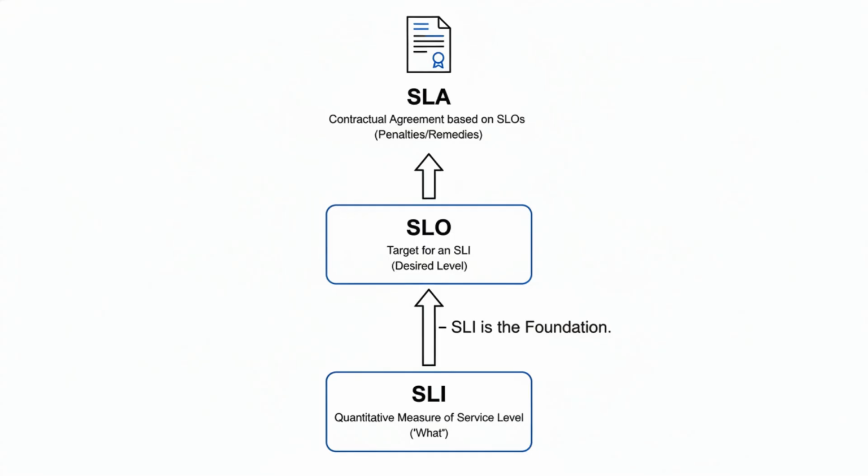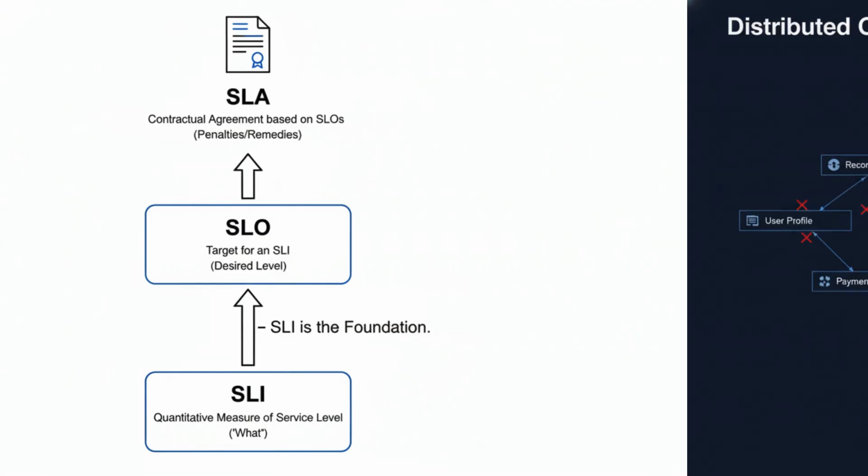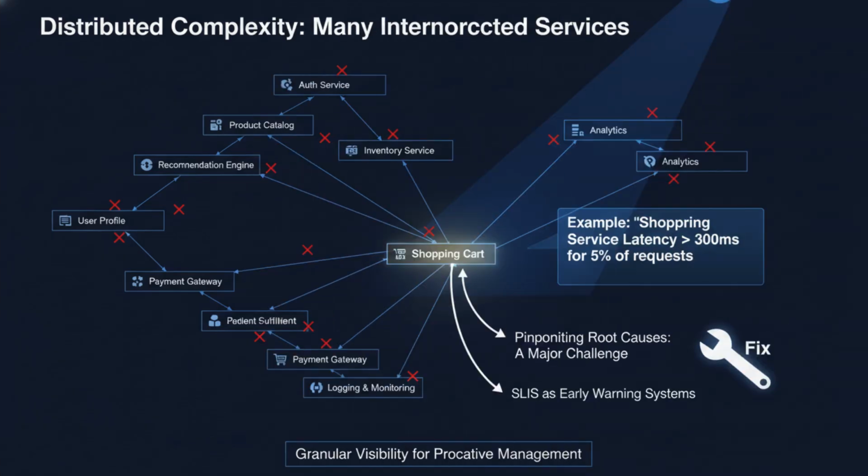While an SLO is an internal goal, an SLA carries contractual weight. Our focus today is primarily on the what, the SLI, as it forms the bedrock for defining effective SLOs and, subsequently, robust SLAs.